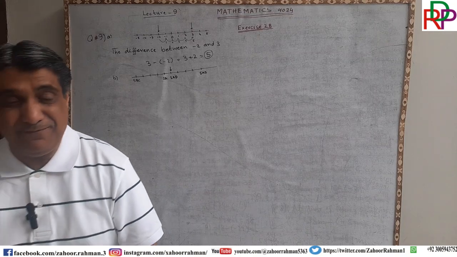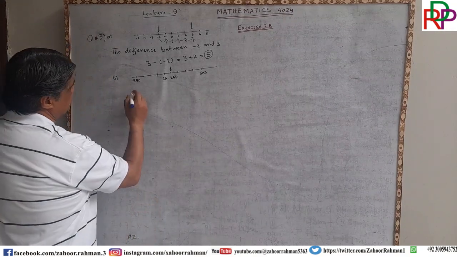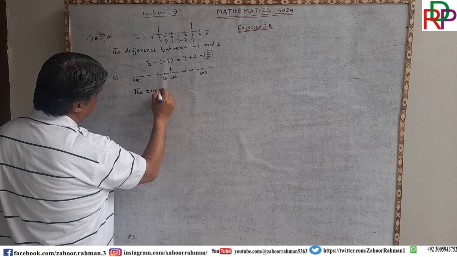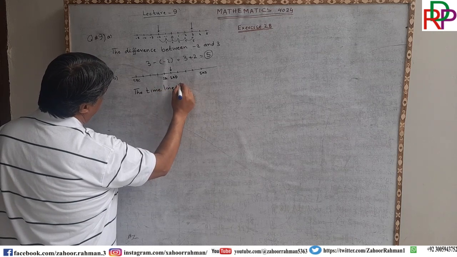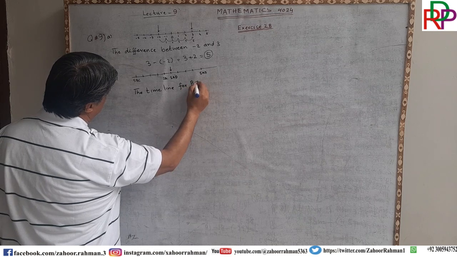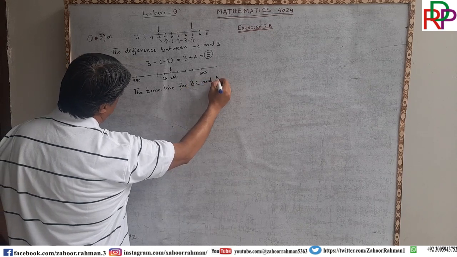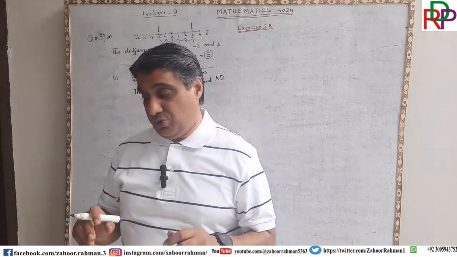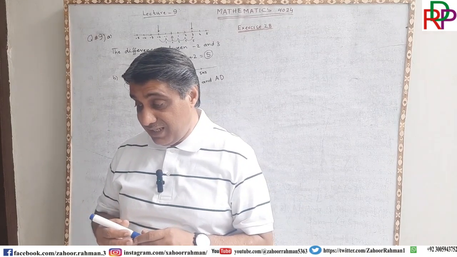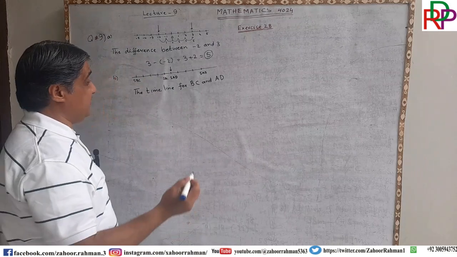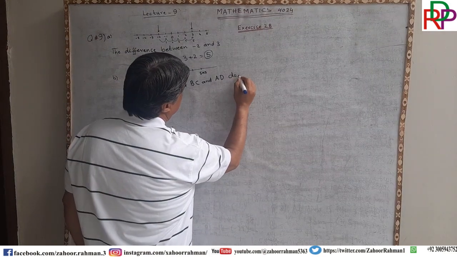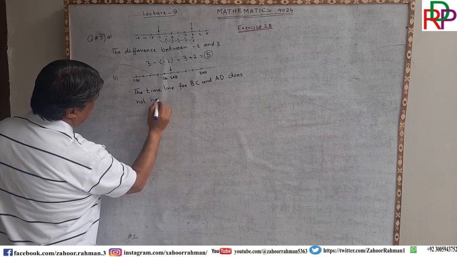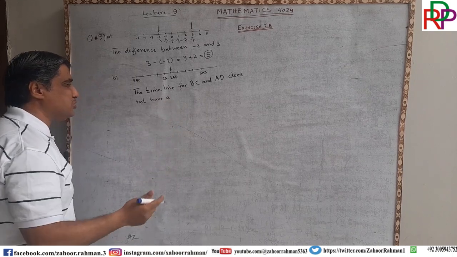The timeline for BC and AD does not have a zero. We have to write that it does not have a zero.